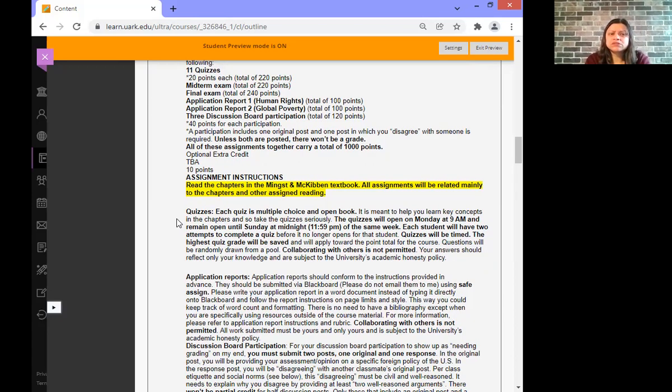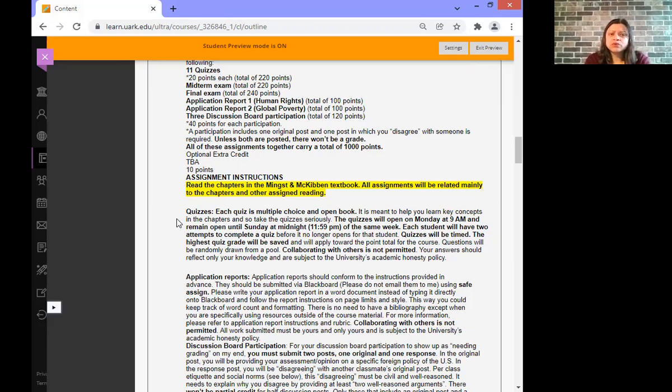Application reports and the application discussion board are more analytical. The application reports will require some writing skill on your behalf, and you'll also need to understand what's in the book as far as theoretical issues and some historical stuff.